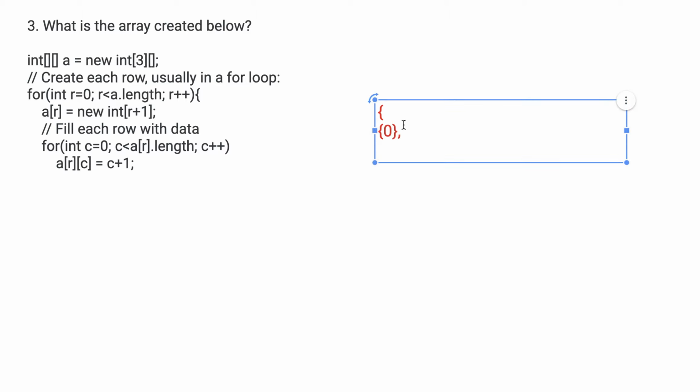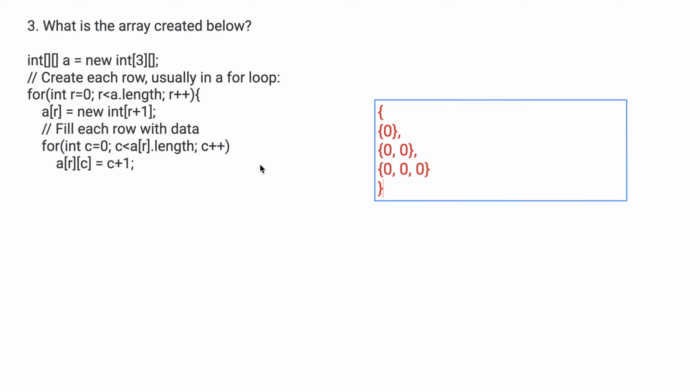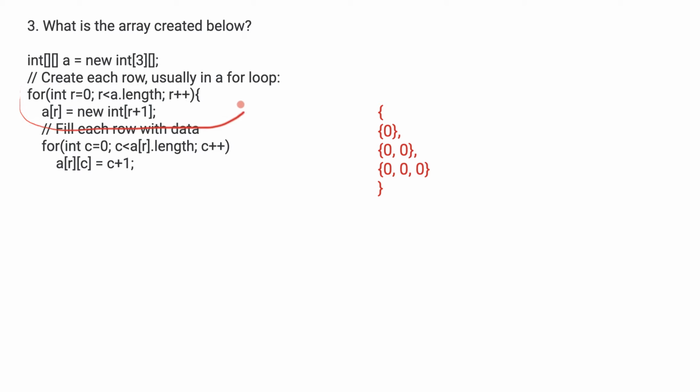So row index 0 is going to get 1 column, and then the next row is going to get 2 columns, and our final row is going to get 3 columns. Again, this is because we are taking the index of the row and adding 1 to get the number of columns for that row. And so what this corresponds to is this code right here, this little bit right here.